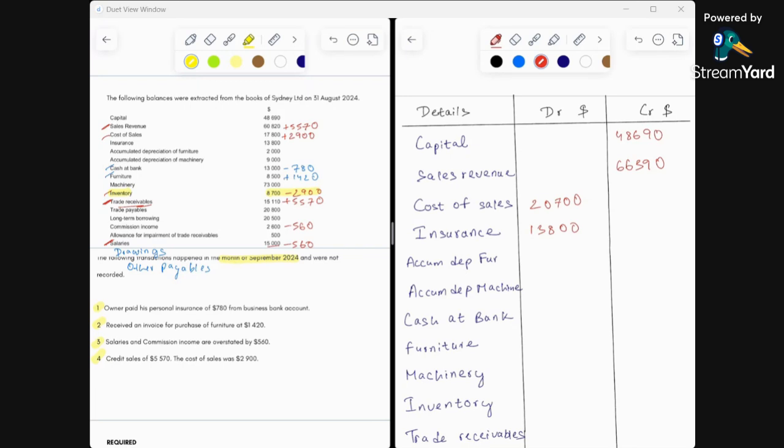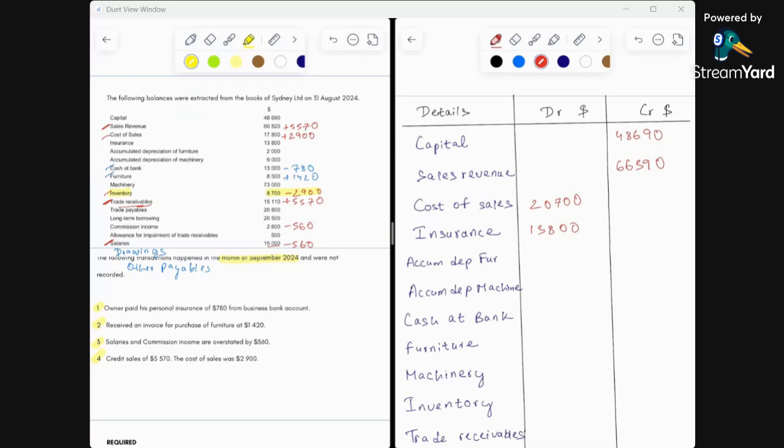Then we have got the accumulated depreciation of furniture, which is $2,000. Accumulated depreciation in itself is a contra asset account. What do we understand by a contra asset account? A contra asset account records the reduction for a relevant non-current asset account. And the relevant non-current asset in this case is the furniture account. Now, furniture in itself is an asset account, which means when the asset increases, we will debit it.